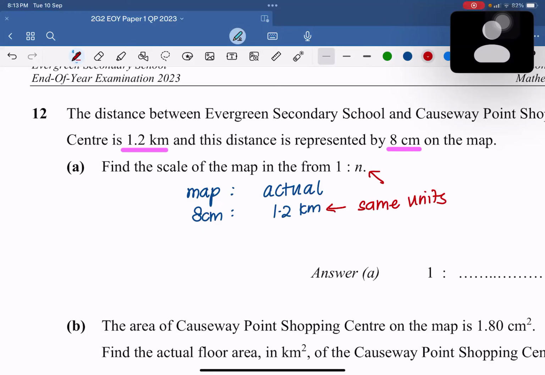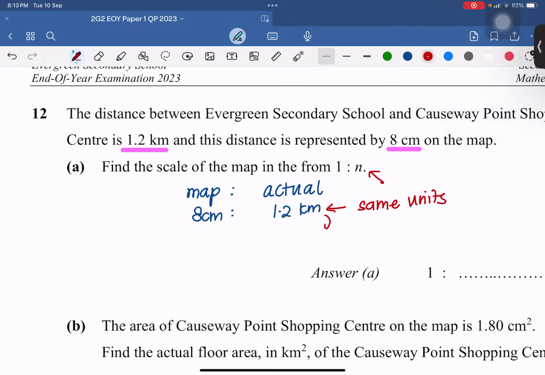Correct, we change to cm. 1 kilometer before we change it to cm, kilometer is 1,000 meters, so we times 1,000. And then 1 meter is 100 cm, so we times another 100. So this will be 8 cm is to 1.2 times 1,000 times another 100. Anyone give me the number, please? Never mind, I write.